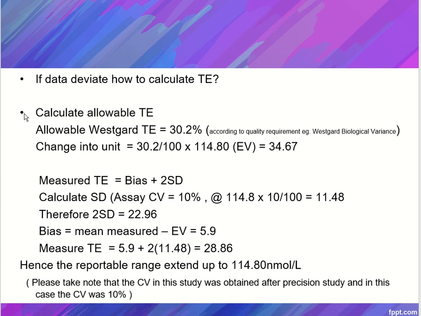So first, you need to calculate the allowable total error. You can refer to the quality requirement. In this example, I use the quality requirement from Westgard Surgical Variation. It gives 30.2%. So this allowable quality requirement, you need to change into unit, meaning that you have to divide 30.2 by 100, and you multiply with the suspected concentration.